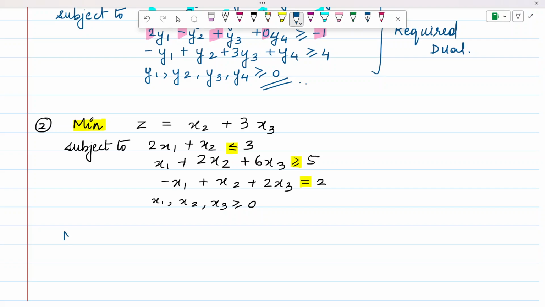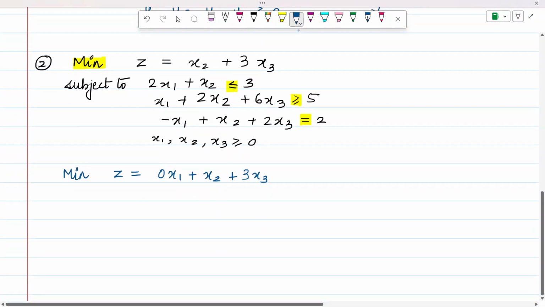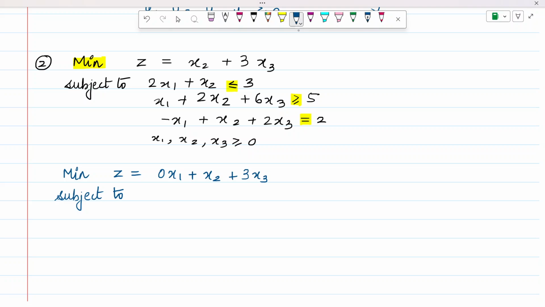So my step 1, I will have to go for the standard form first. So we write down the standard form as minimize 0x1, x2, and 3x3. I've just written a 0x1 there. Then we go to subject to. Now the first constraint, I need to multiply by -1 just to convert the less than or equal to into greater than or equal to. So -2x1, -x2 plus 0x3 becomes greater than or equal to -3.